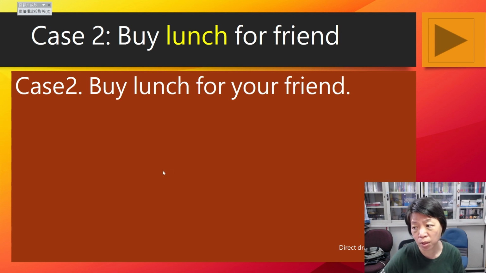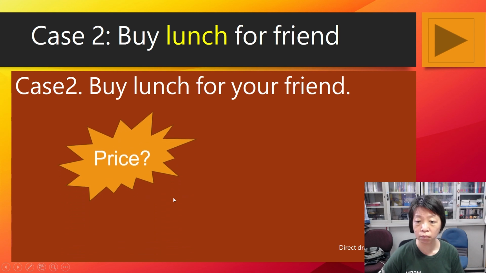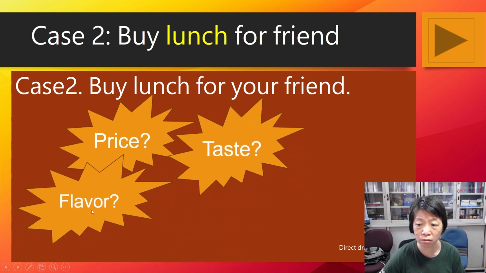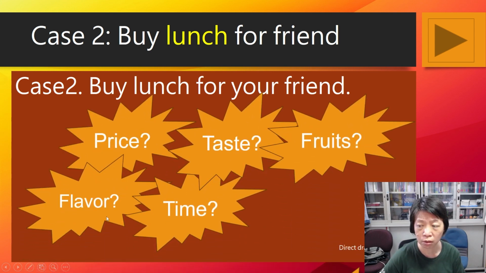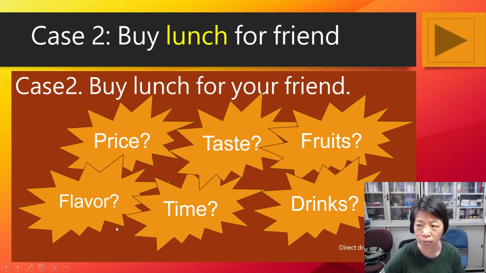Well, there must be some limits or hidden information, right? For example, does he care about price or flavor, taste, time, with fruits, with drinks? You see that it's almost an open problem, right? Oh my God. How to get it?